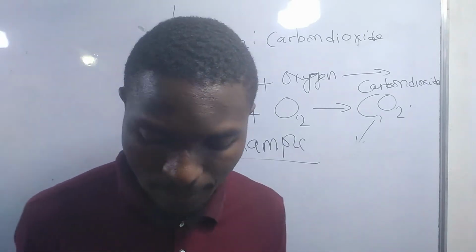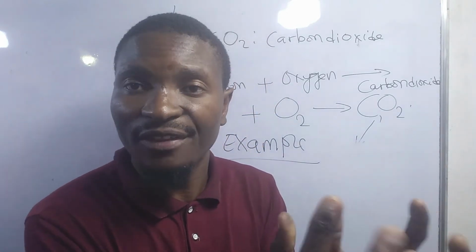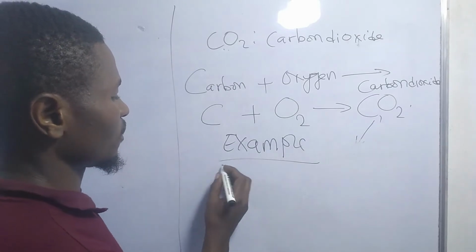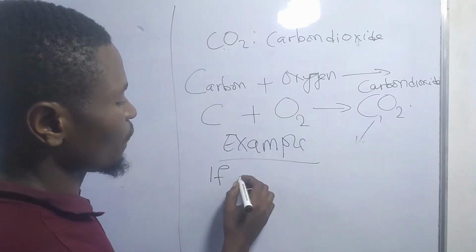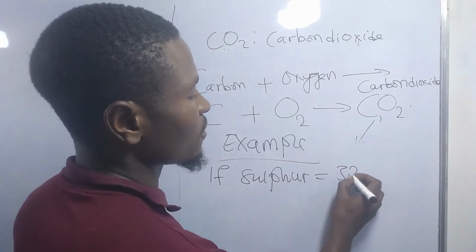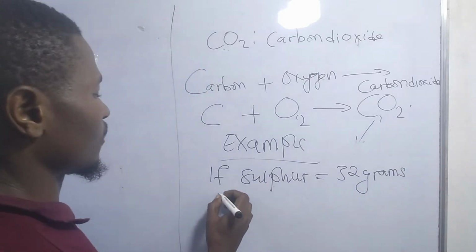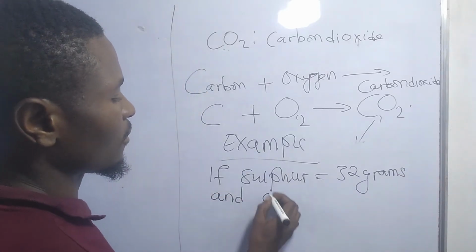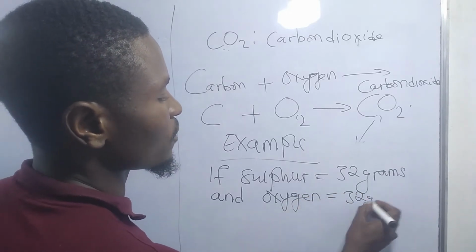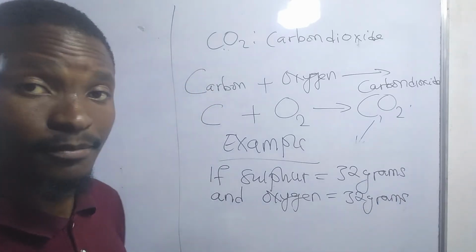I'll give an example. Let's say we have the physical substances, for example sulfur equal to 32 grams and oxygen also equal to 32 grams.